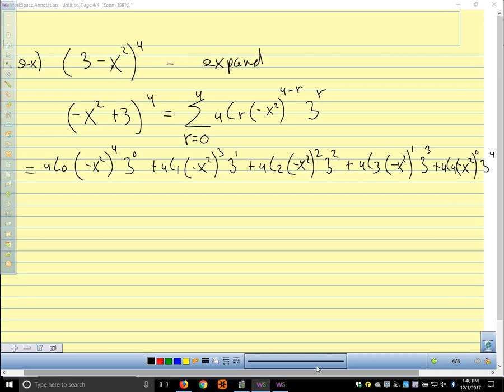So this time, my coefficients are going to be 4 choose r times whatever sign we get out of here times whatever we get out of this one.